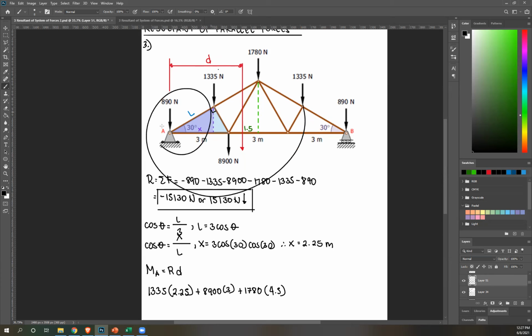Next, 1335 rotates about A clockwise, therefore positive. For its perpendicular distance, we have this.